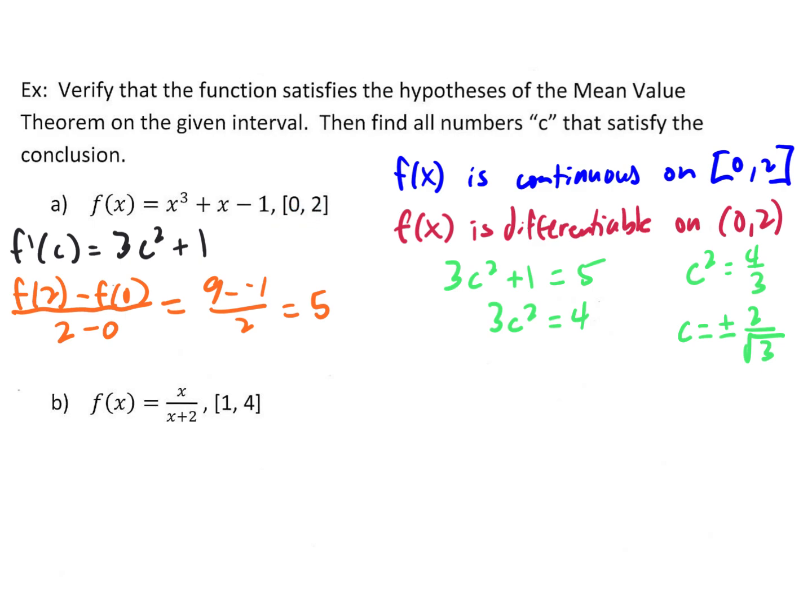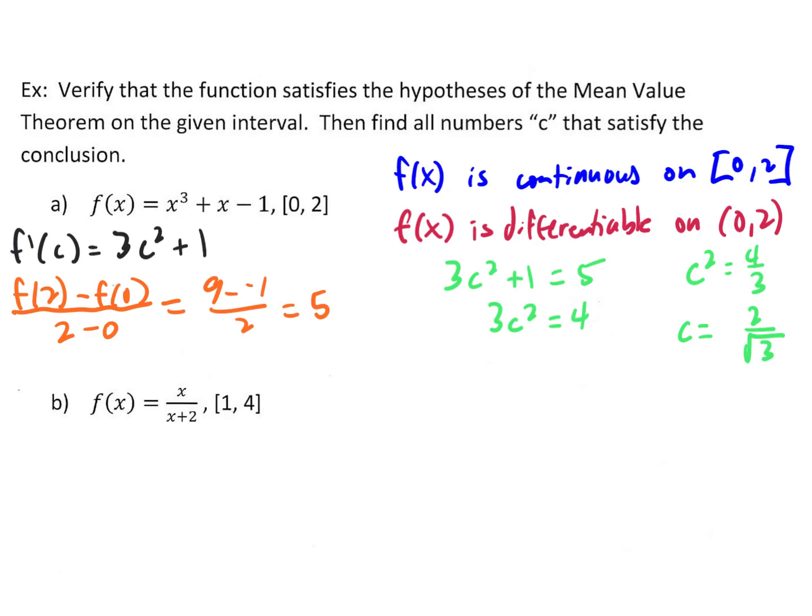Well, the square root of 3 is less than 2, right? Because the square root of 4 is 2. And so this is going to be less than 2. So 2 over 1 point something is going to be in this interval. So in the end, my only answer is 2 over the square root of 3. And if you needed to punch this in the calculator to verify it, you could. But the negative one is not in the interval, so that's why we throw that one out.